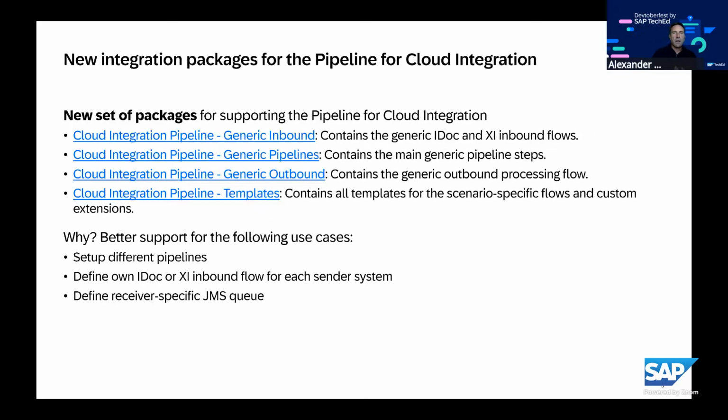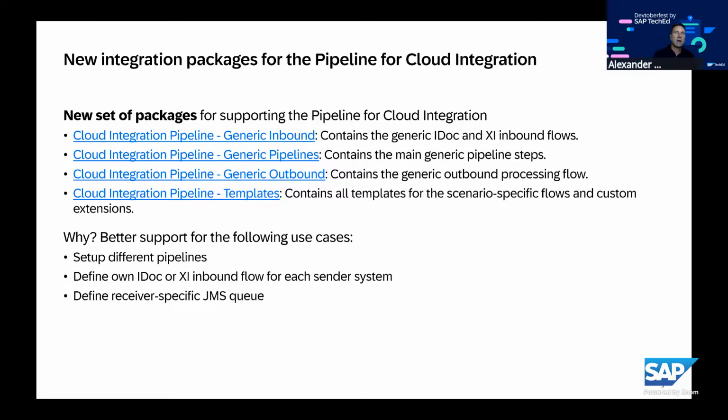Good. Then one important point for those who have run the pipeline in the past, right? In the past, we only had one single package. It turned out that for setting up different pipelines, or for some use cases, it's not flexible enough, and you would create too many stale objects, too many objects that you don't need.